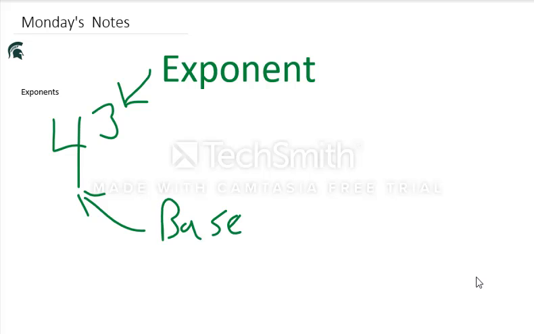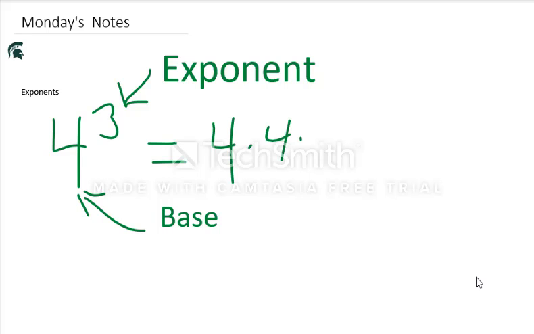The exponent is the superscript, the number up top. The base is the main larger number. The exponent in 4 to the third means how many times the base is multiplied by itself. So 4 to the third power is 4 times 4 times 4. 4 times 4 is 16, times another 4 is 64.